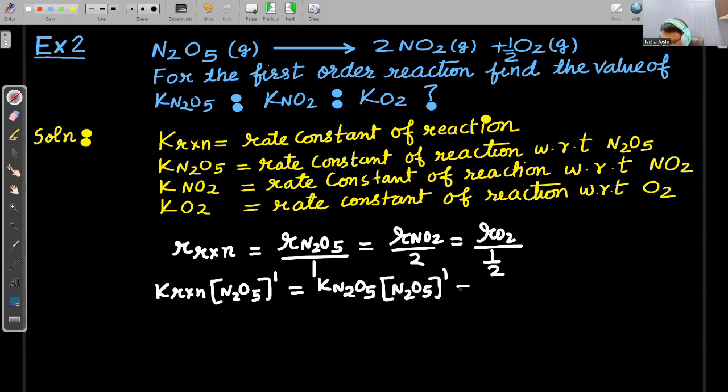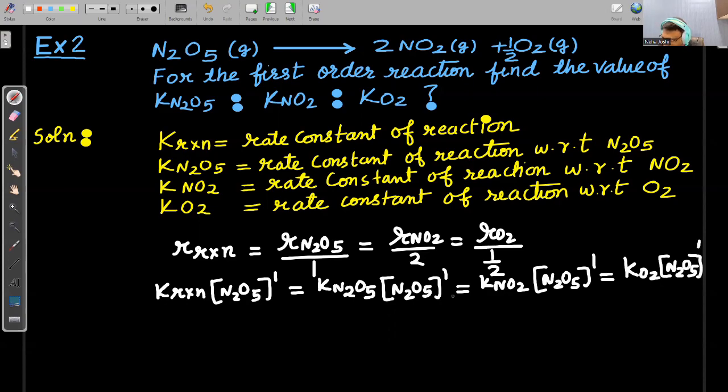And when we are writing rate of reaction with respect to NO2, we should write rate constant of NO2 into concentration of reactant raised to the power order. And we can write rate constant of O2 into concentration of reactant raised to the power order.